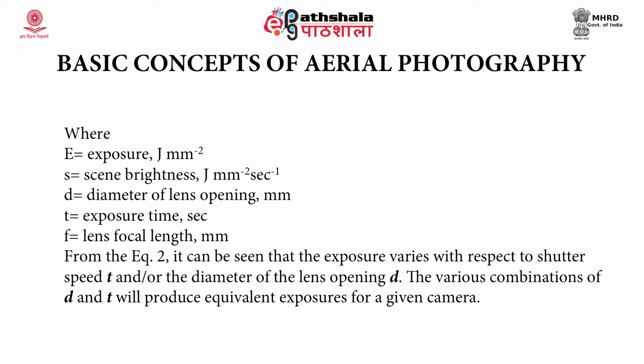From equation 2, it can be seen that the exposure varies with respect to shutter speed t and/or the diameter of the lens opening d. The various combinations of d and t, that is the exposure time as well as the diameter of the lens opening, will produce equivalent exposures for a given camera.